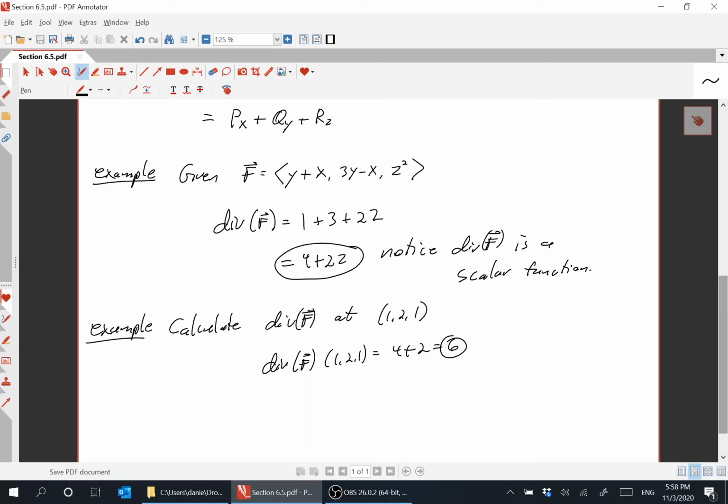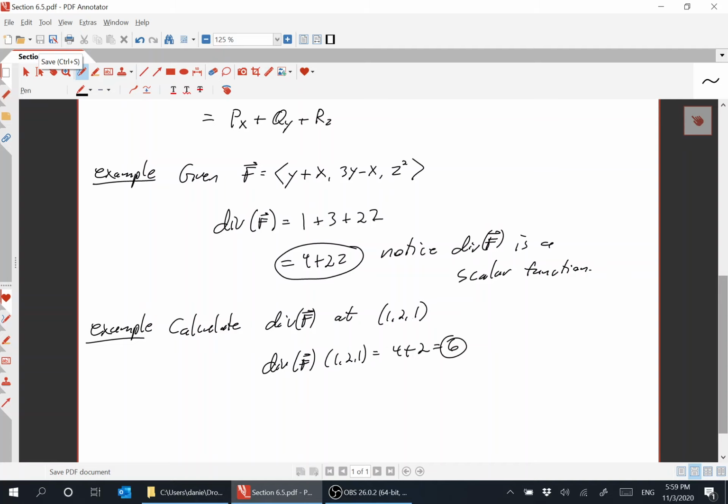Now you may be wondering, what is the meaning of divergence? There are various attempts in the section in the book at explaining what divergence means. But unfortunately, they all just kind of fall short and seem kind of odd to me when they talk about them, because, well, what does it really mean?